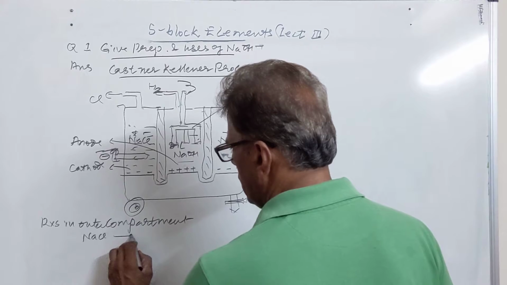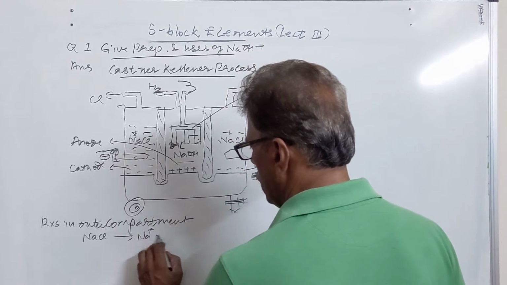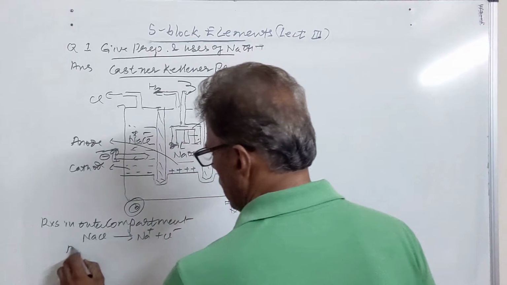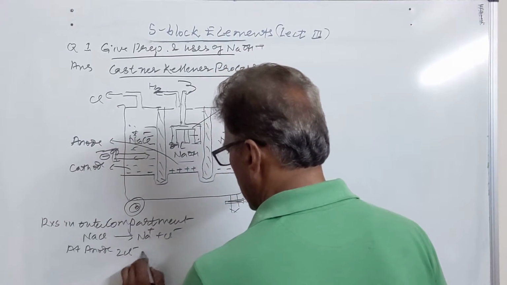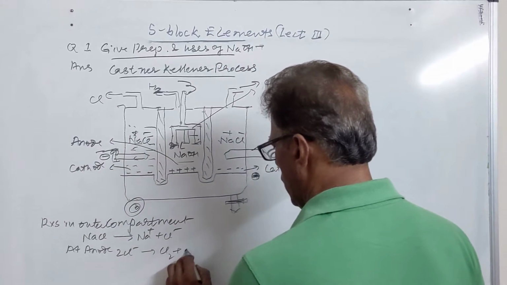NaCl gets ionized to produce Na positive plus Cl negative ion. At the anode, 2Cl negative give chlorine gas.